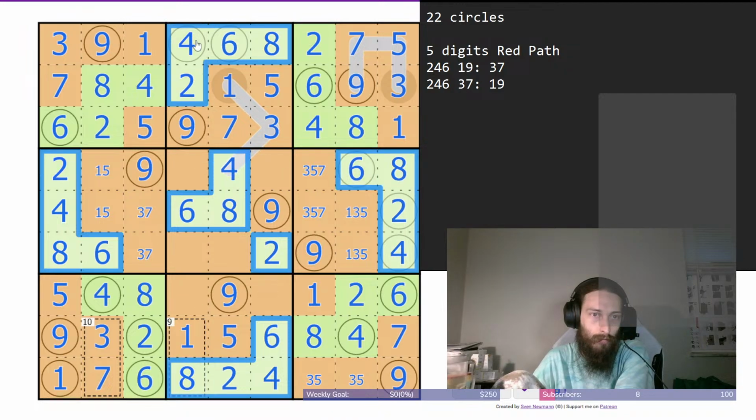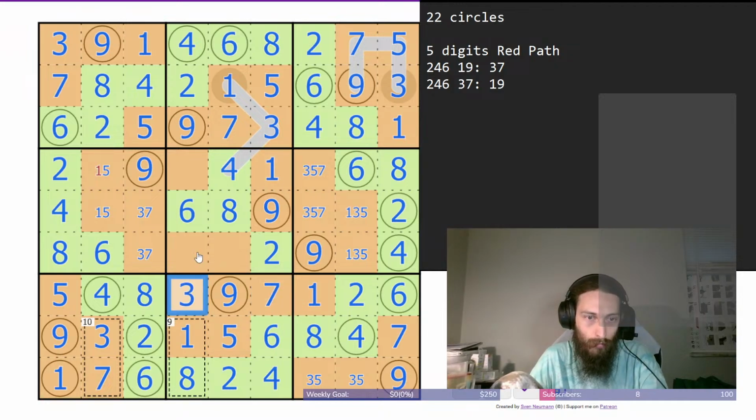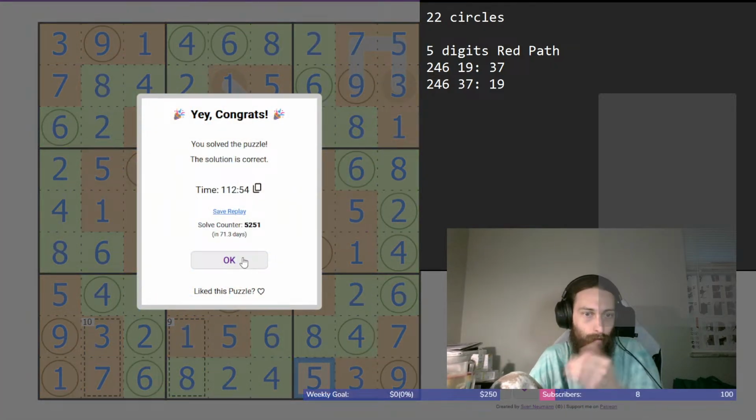Yeah. Column 6, that's a 1 and a 7. Then, so that must be 3. 3, 5, 1, 5 here, and 7 there. 3, 5, 1, 7, 3, 5.